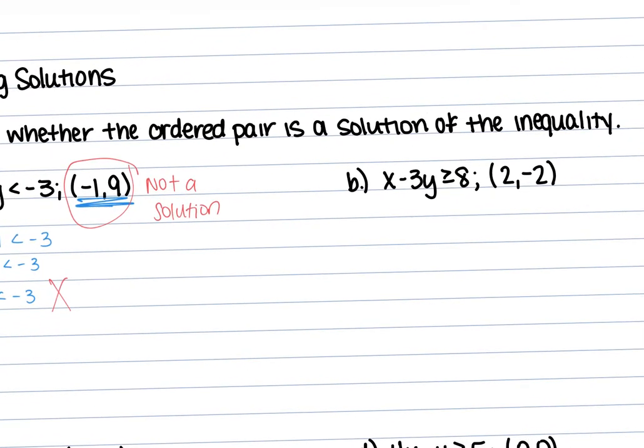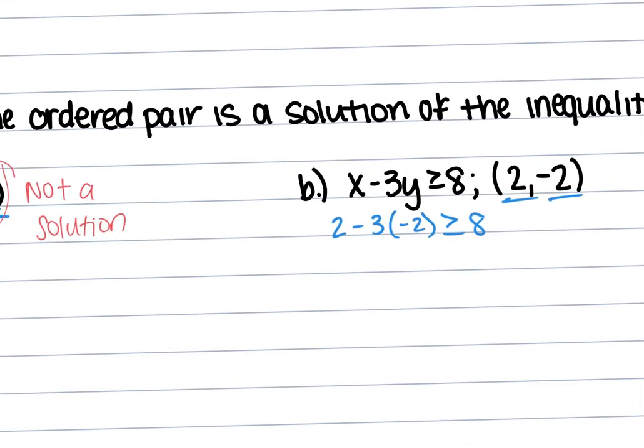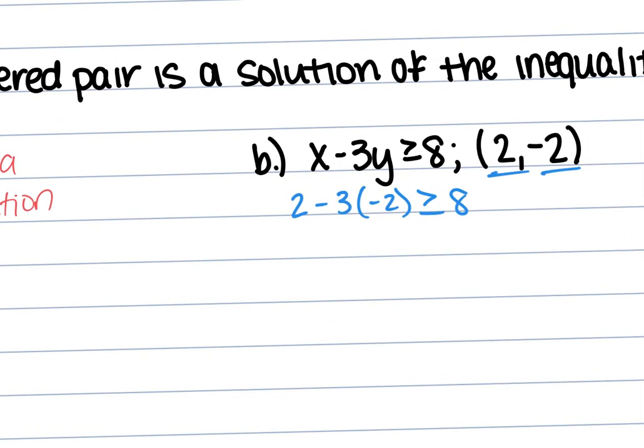Let's check out B. In B, we're going to plug in -2 for y and 2 for x. So once we plug it in, it's going to be 2 minus 3 times -2 is greater than or equal to 8. You guys with me? What's -3 times -2? Gabby? 6.